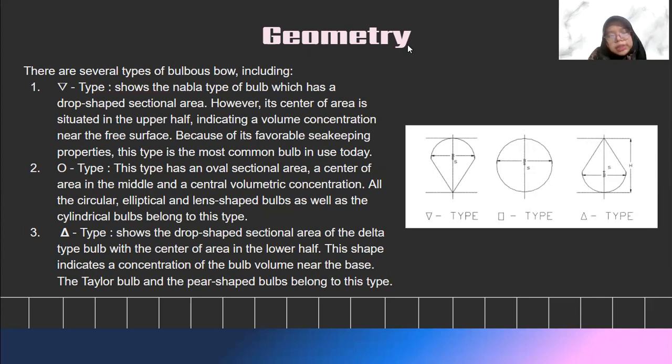It shows the drop-shaped sectional area of the delta-type bulb with the center of area in the lower half. This shape indicates a concentration of the bulb volume near the base. The Taylor bulb and the pear-shaped bulbs belong to this type. And then this is the picture of the nabla type, and then this is the oval type, and then this is the delta type.